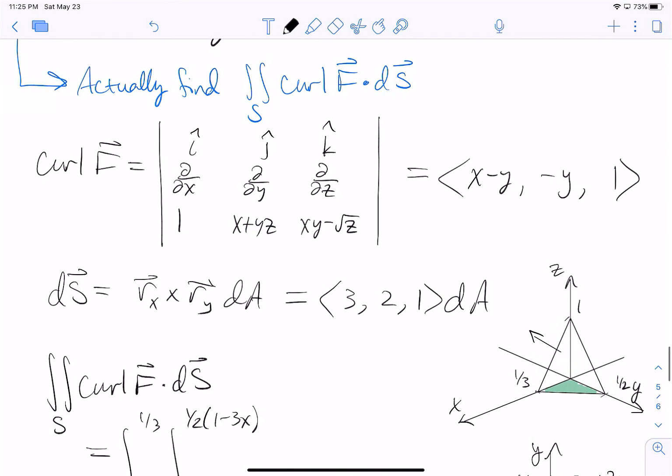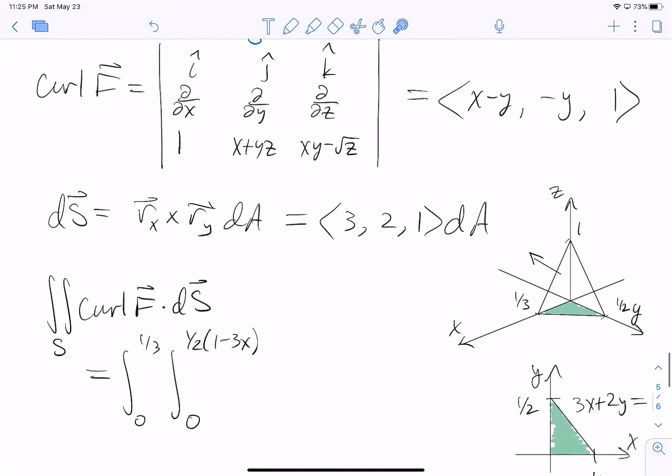And then we find the dot product. (x − y) times 3 is going to give us 3x − 3y. Negative y times 2 is going to give us −2y. And 1 times 1 is going to give us plus 1. We set this up in the order dy dx.